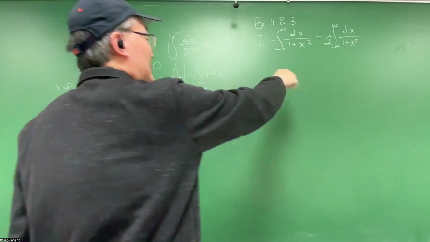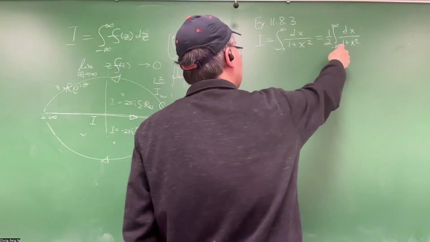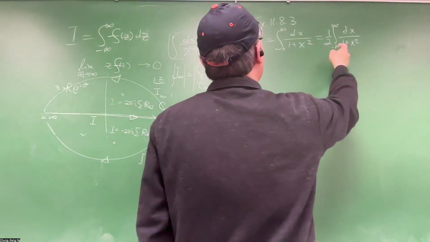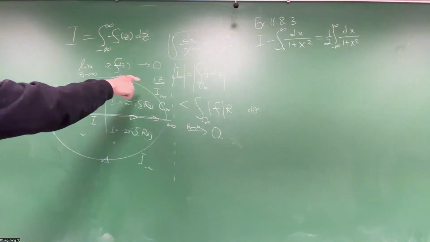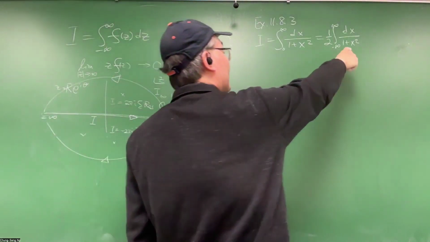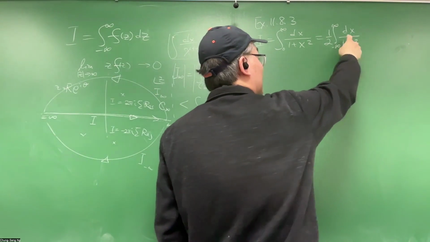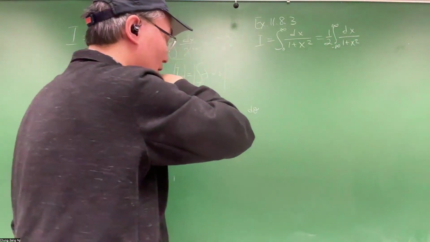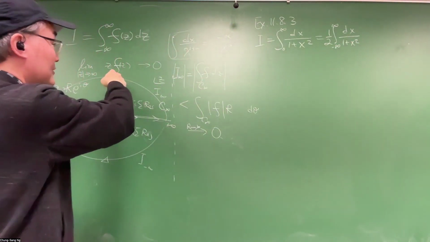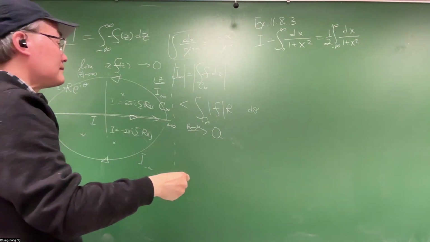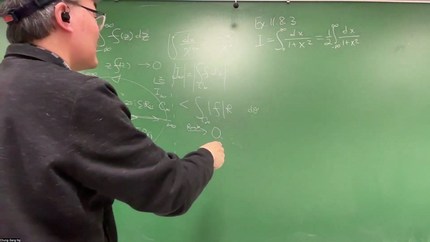Is that okay? The first step. Now this condition obviously is satisfied, because at large x it decreases as 1 over x squared, which is faster than 1 over x.